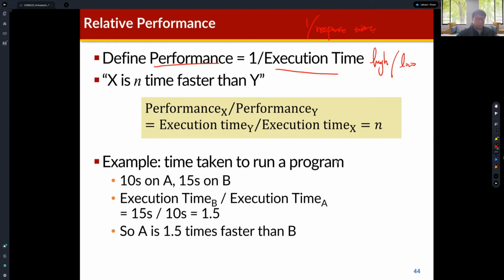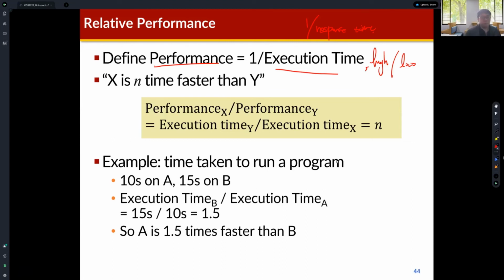So we can say this processor is slow, which means the performance of this processor is low. So performance is inversely proportional to the execution time, and we define performance as 1 over execution time. Okay, it's just a definition.